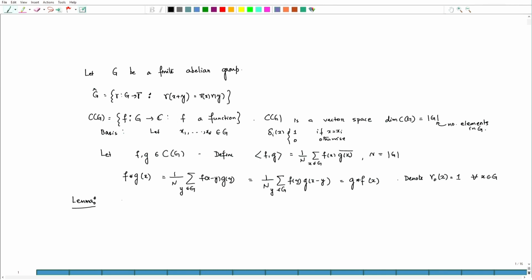Now suppose gamma belongs to G hat and gamma is not equal to gamma 0, then the summation over x in G of gamma of x is equal to 0.